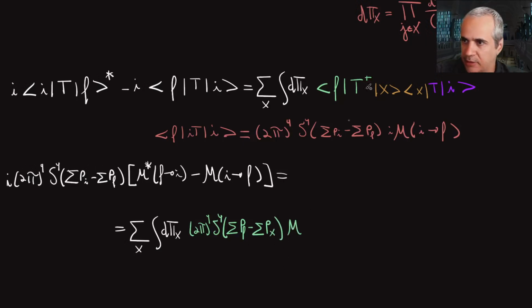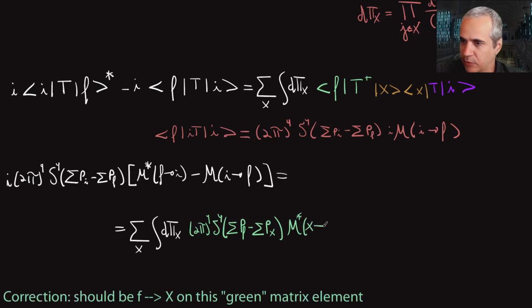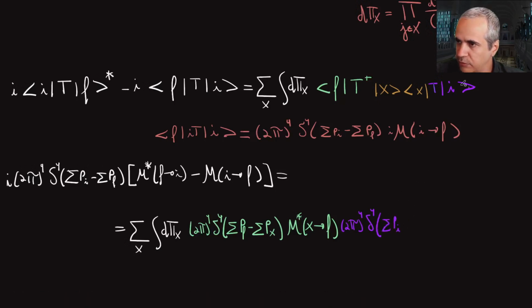And then M, again, I have a dagger here, so it will be an M star, x going to F. Now for the purple piece here, it's just 2 pi to the fourth, delta 4. Now the sum is over the initial momenta minus the momenta of x. And again, I have an M of I to x. I hope I didn't forget anything.